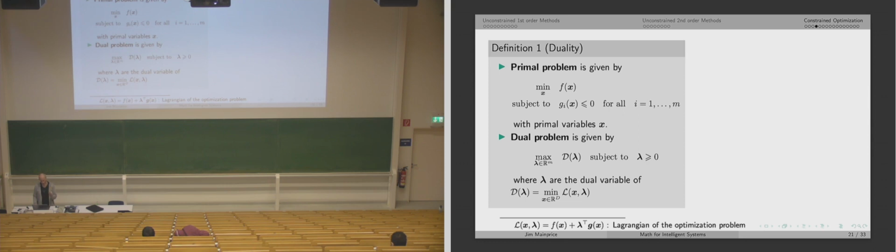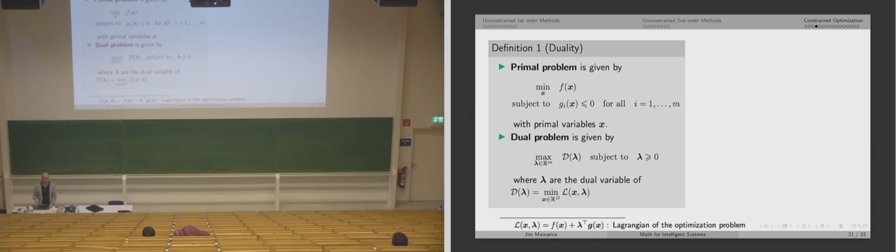Duality is about saying that the solution to the primal problem is equivalent to the solution to the dual problem, meaning that it's equivalent to maximizing the Lagrangian with respect to the Lagrange multipliers, where the Lagrangian is itself minimized with respect to the primal variables. Okay?